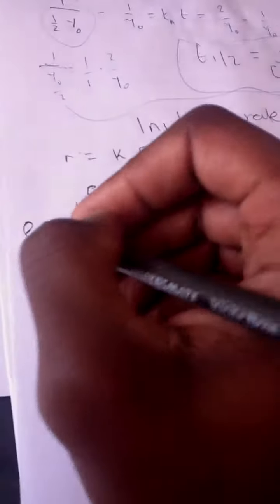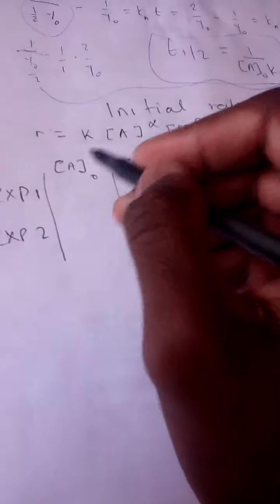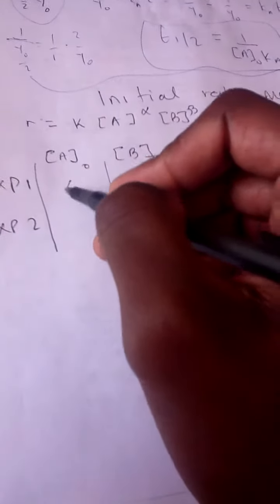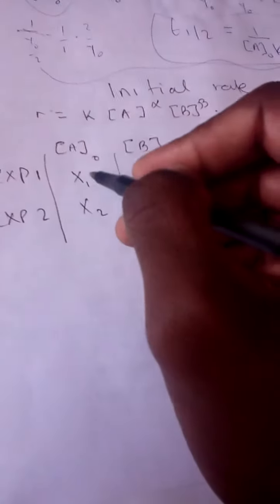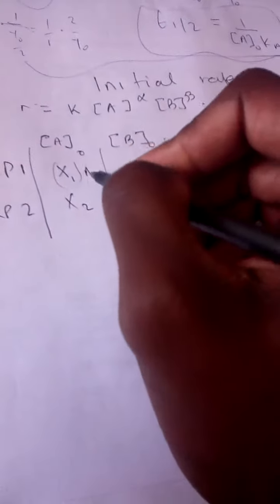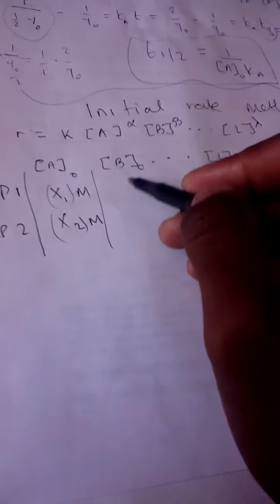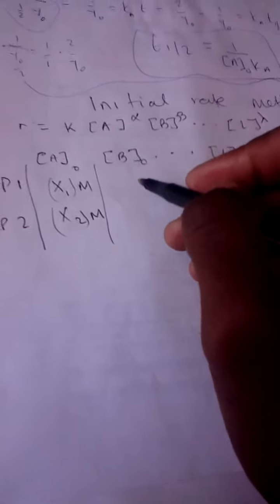Let's have 2 experiments, experiment 1 and experiment 2, with concentrations X1 and X2 in molarity. We have fixed initial rates, R01 and R02.